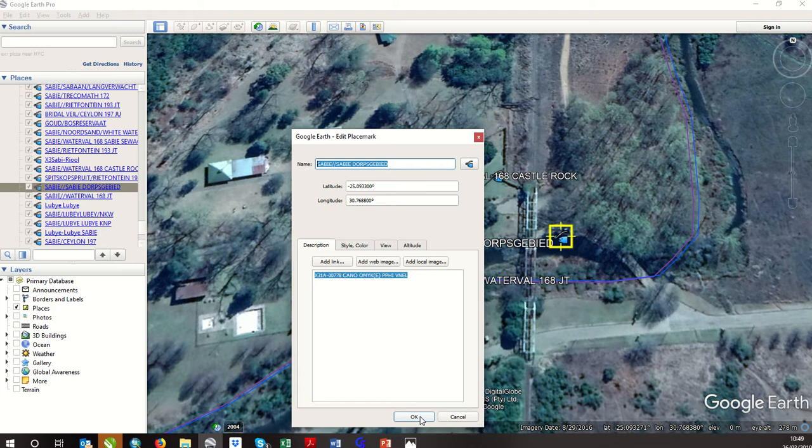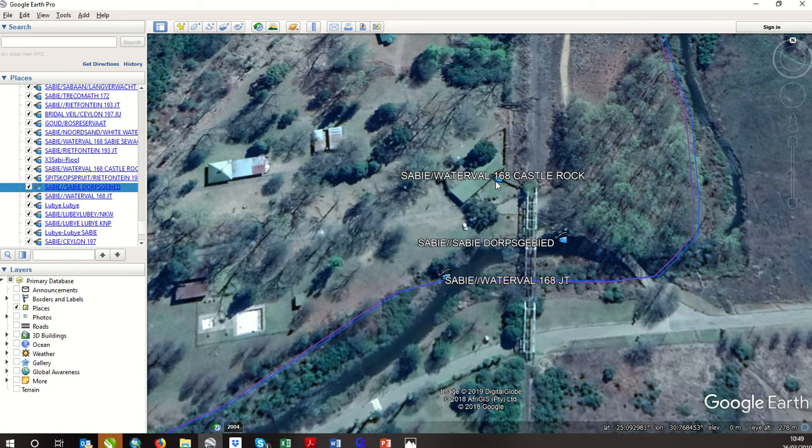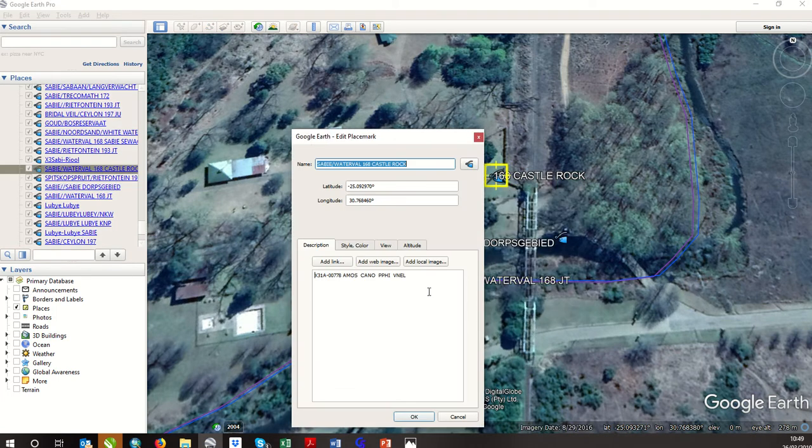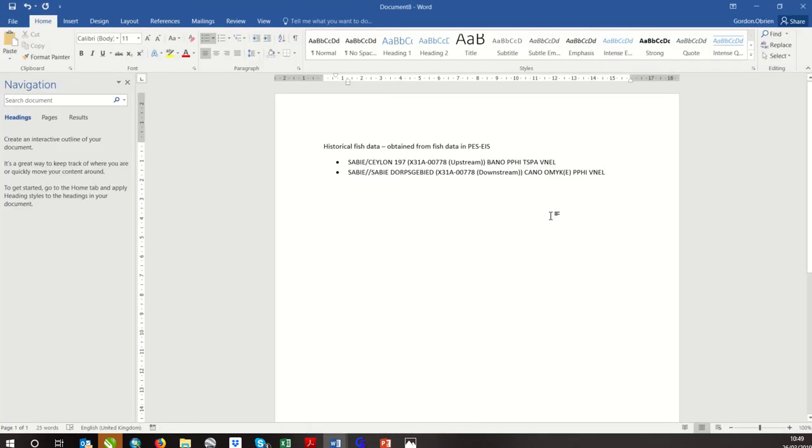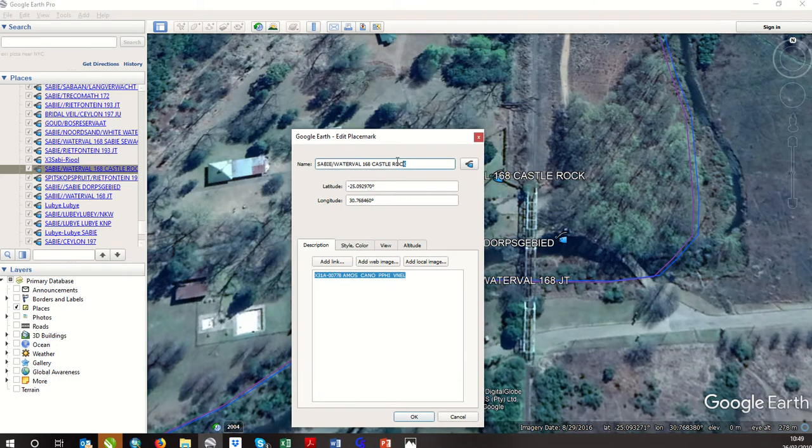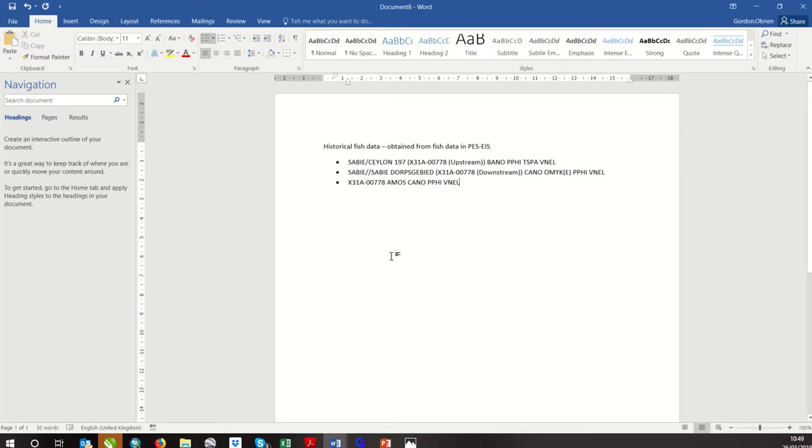And that's why if you did the assessment yourself, you would need to go and get a better idea of what's going on there. And look here. Here they've got Amos. Look at that. Can you see that? What's Amos? Anyone? Yeah, it's a pity we don't have the date, but it just shows you that they have collected eels there.